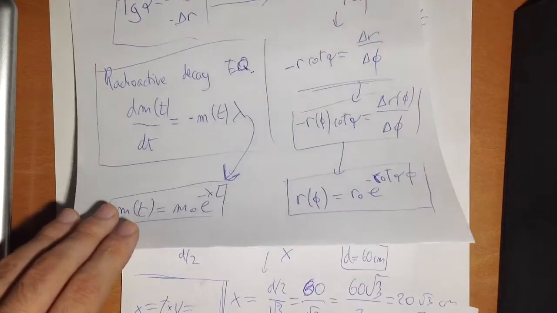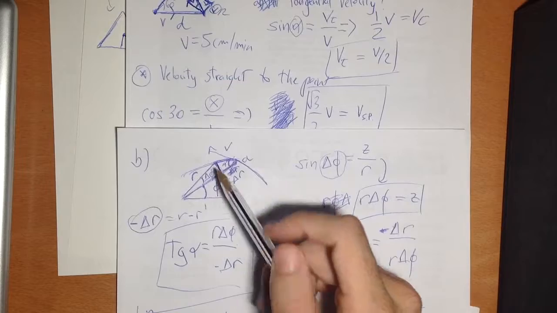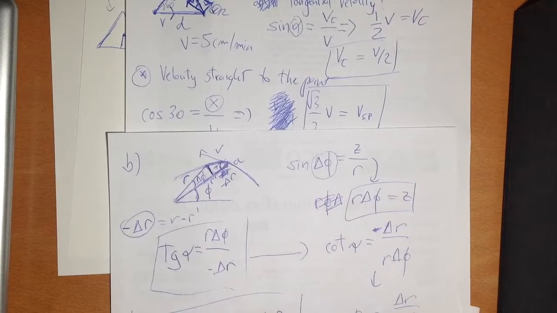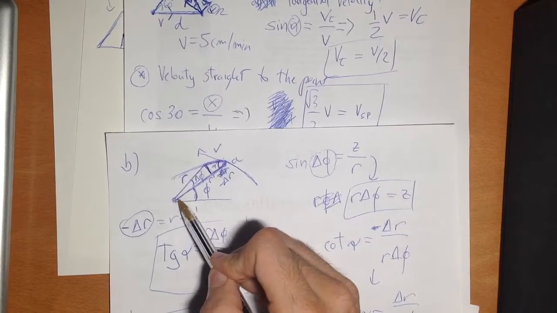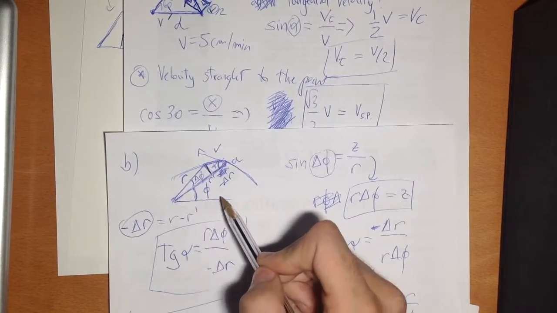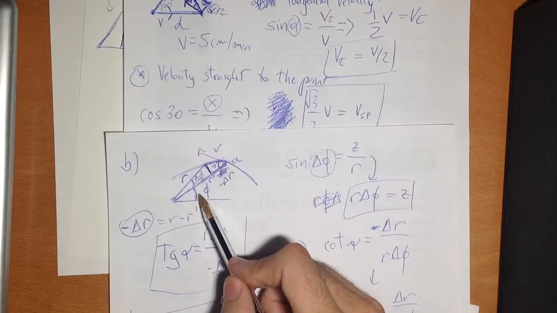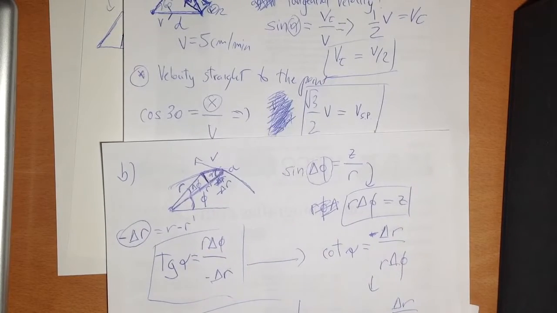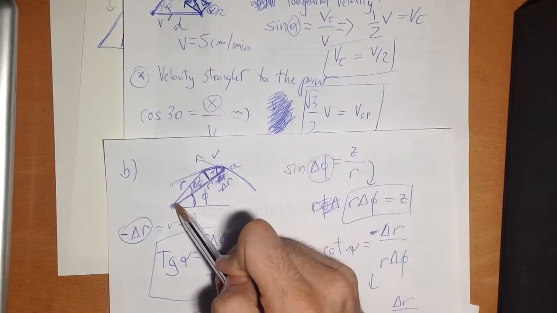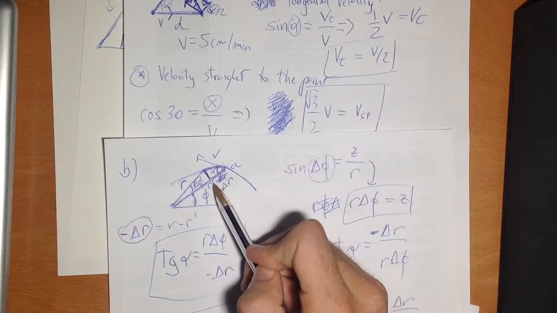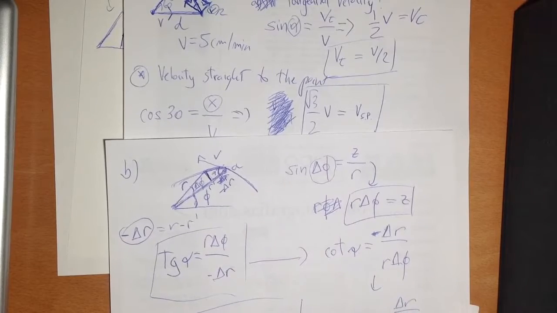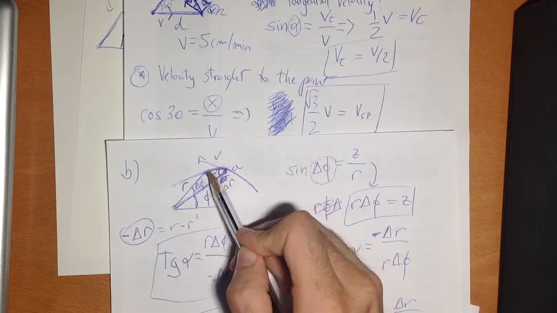But this angle, the angle that we have at the opposite vertex, is changing, and it's increasing. So we have this angle, and in time it increases. But what happens with this position vector, this r prime, as I call it, after an infinitesimal piece of time?